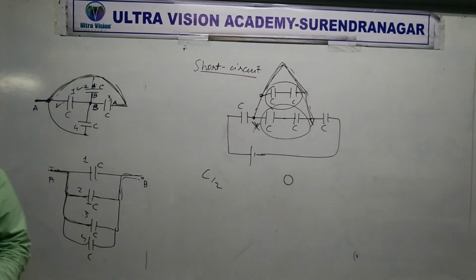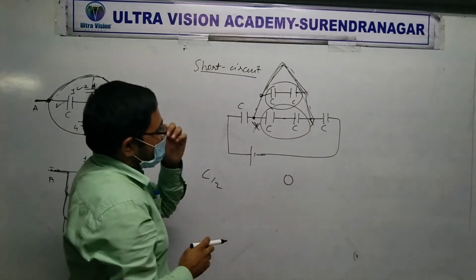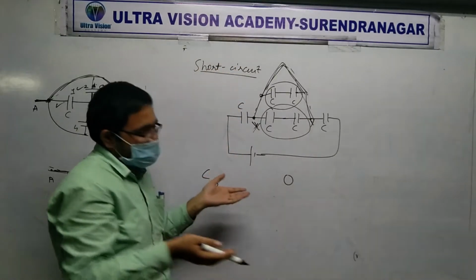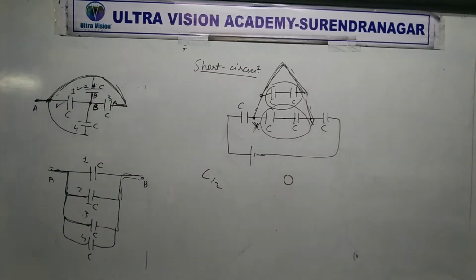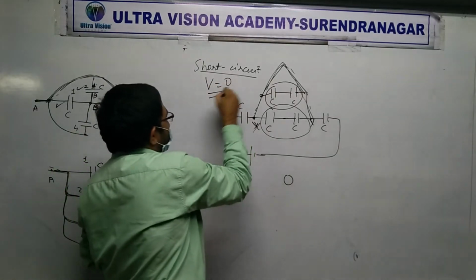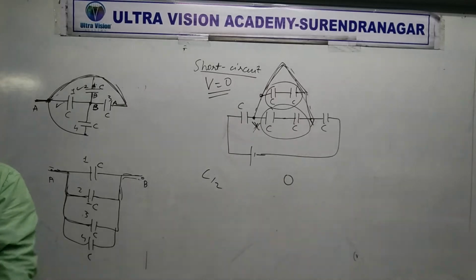Clear? So whenever you have some capacitors, single or multiple, no problem. But when on both sides of it you have the same potential, that capacitor will not store charge, because whenever something is short circuited, its voltage becomes zero. So you cannot store charge.